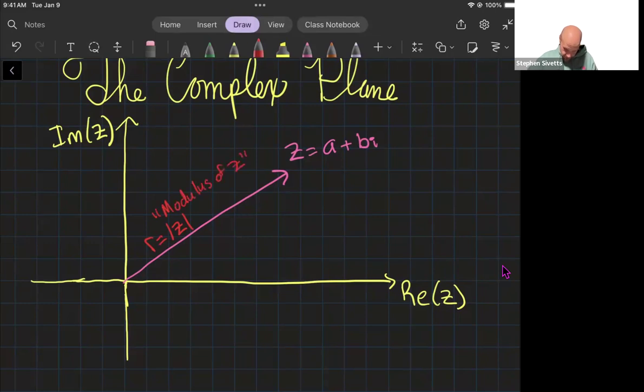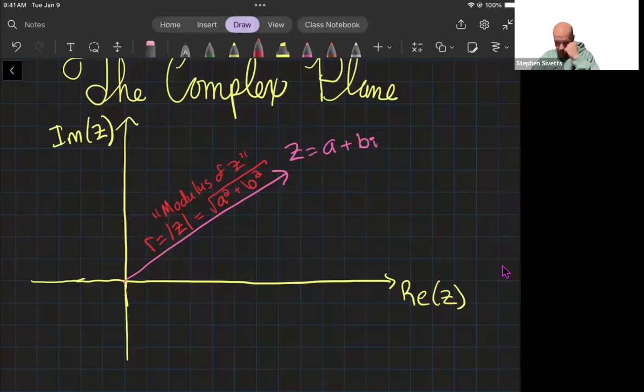That's how you read this. And this equals the square root of a squared plus b squared. It just uses the Pythagorean theorem that we know and love, right?